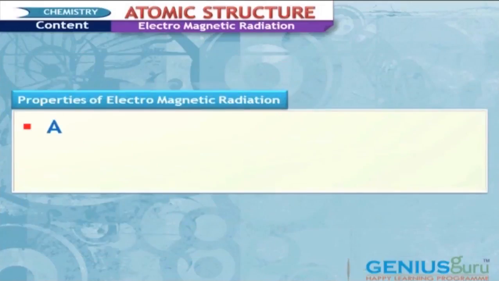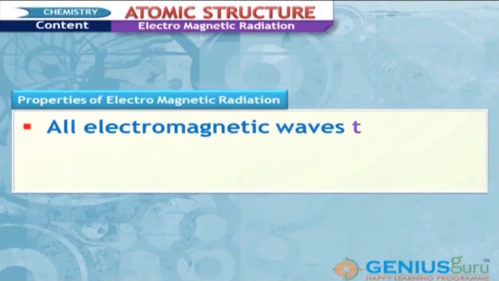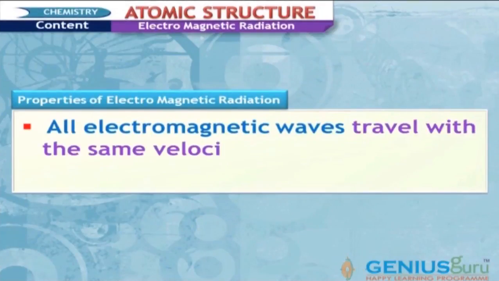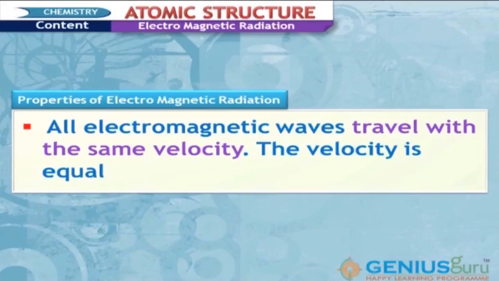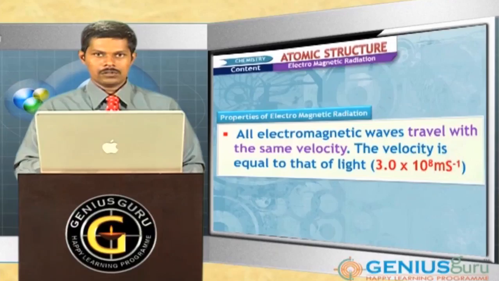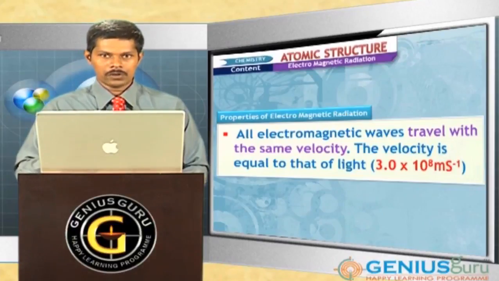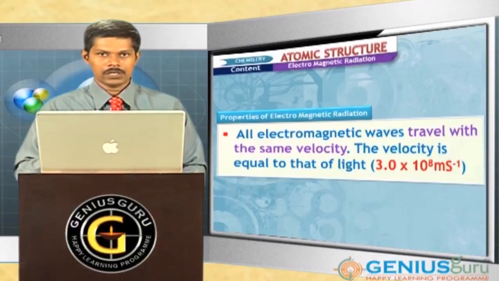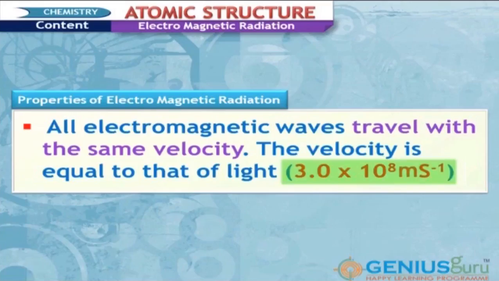Coming to the next one, all electromagnetic waves travel with the same velocity. The velocity is equal to that of light, which is 3.0 × 10^8 meters per second. So whatever the electromagnetic radiation, its velocity is a constant, and this constant is 3.0 × 10^8 meters per second.